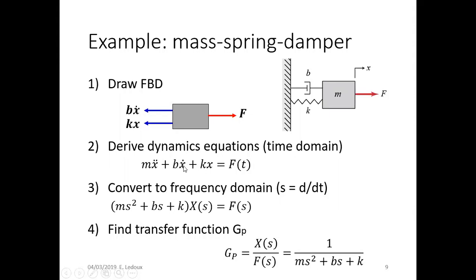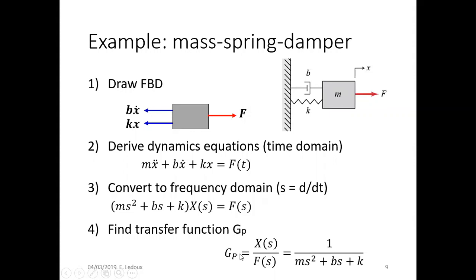So this B x dot turned into BS. M x double dot turned into MS squared. And then because X is itself, it's not a derivative, then we don't put an S there. So all that times X equals F.